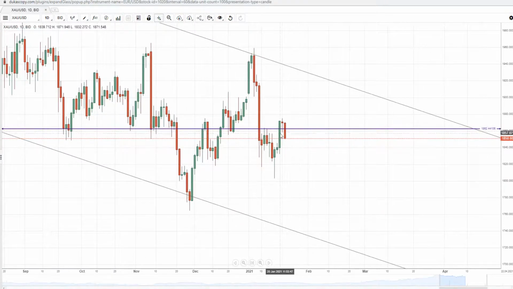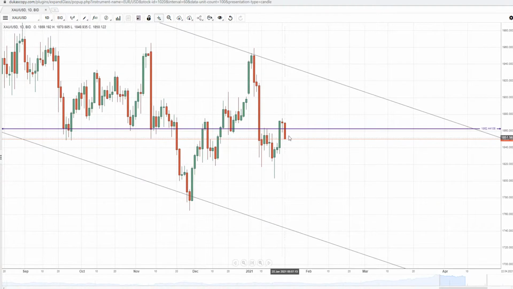It already broke yesterday's low, so it has made a new low and failed to break this high level. So it still depends on the close of today's candle. If gold makes a pullback and closes above that strong resistance level, then we'll be happy, because the movement will continue to the upside.